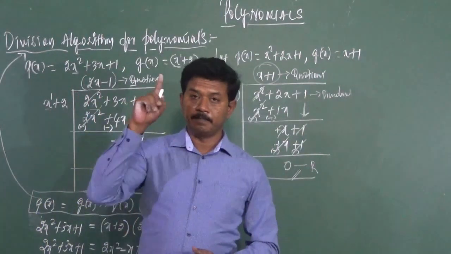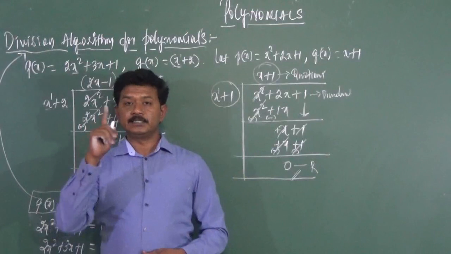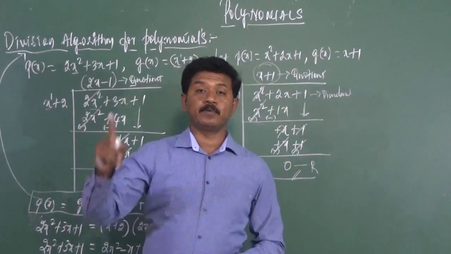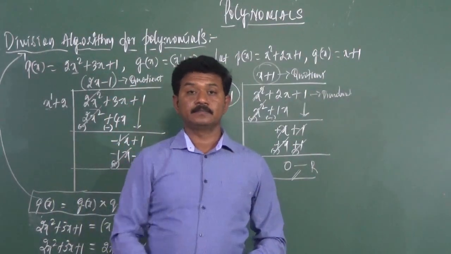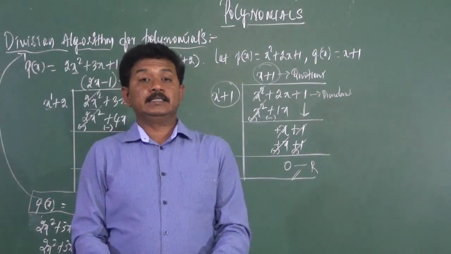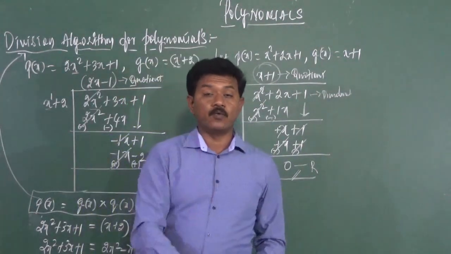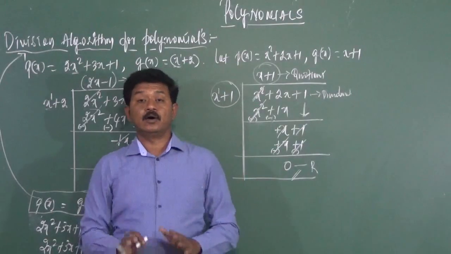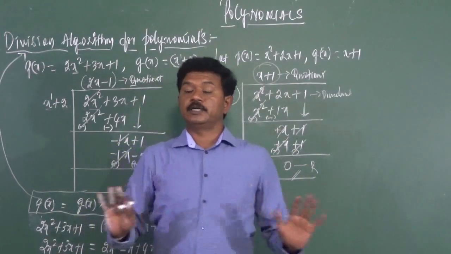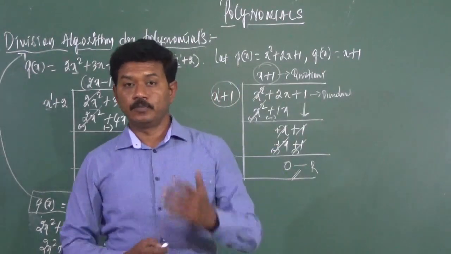So when a polynomial p of x is divided by a linear polynomial only, the method I am going to teach you now applies; otherwise it is not going to apply. I hope you got it.